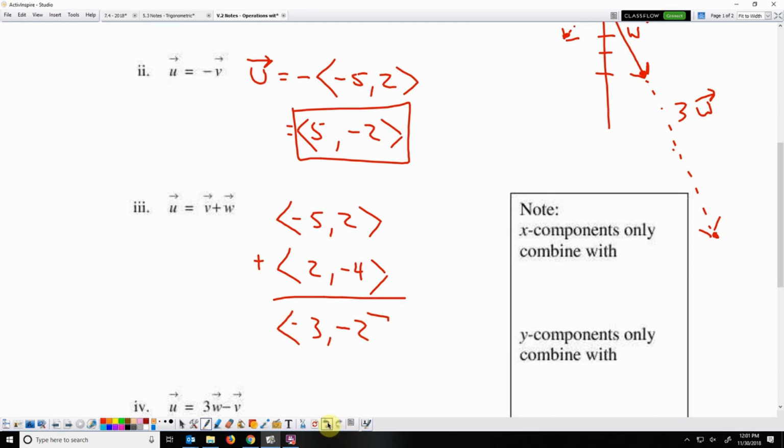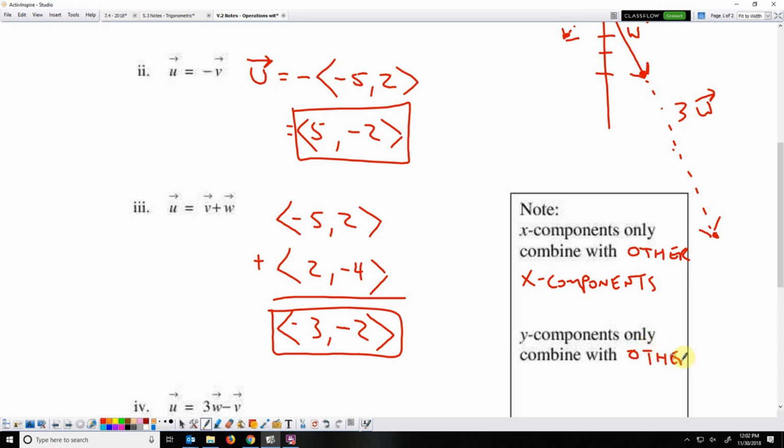So from the tail, it goes 3 to the left and down 2. Please note that you can only combine x components with other x components, and you can only combine y components with other y components.